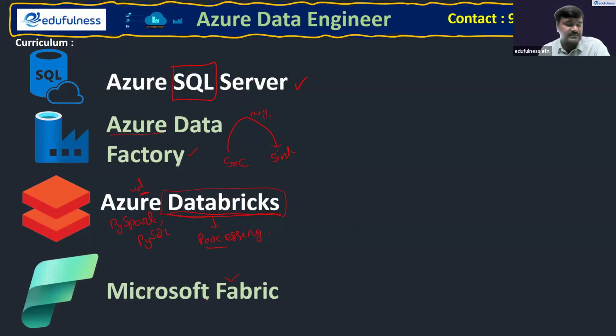All three are subsets of Fabric, which means the same environment is available there also. Not only this, the advantage for us is Synapse. Synapse is as it is, the same thing exists. And in Fabric, with a little variation, 5% variation, all these things will exist.